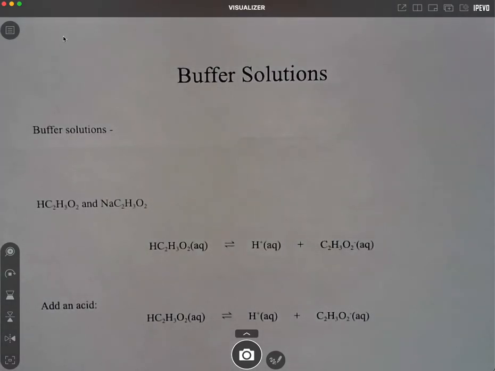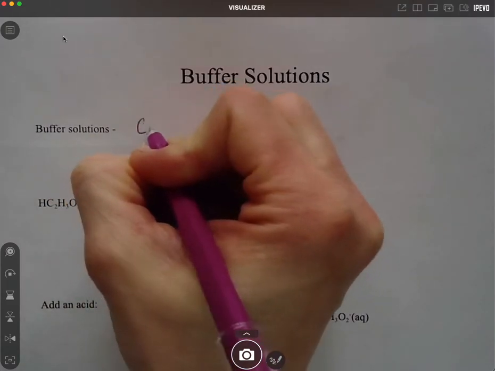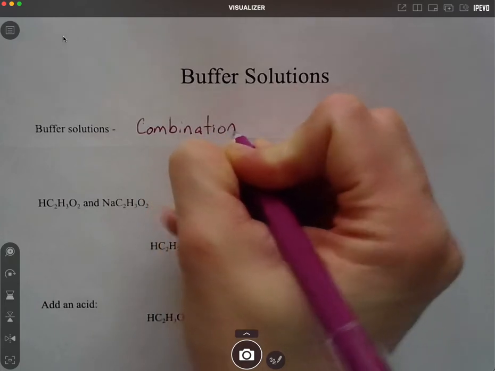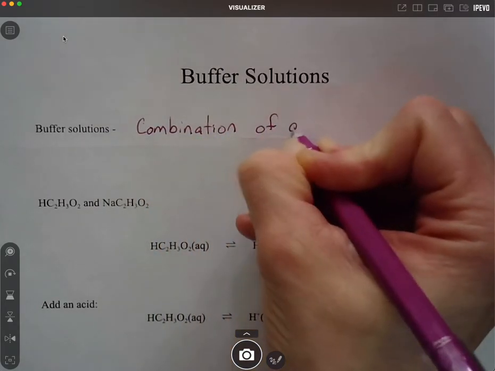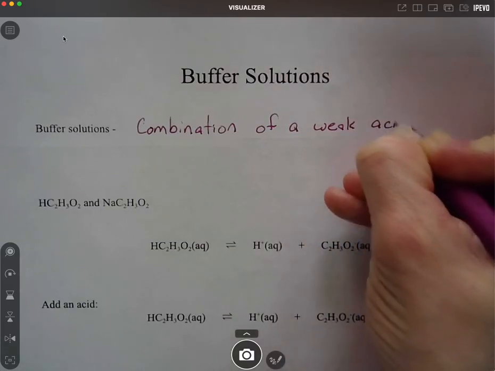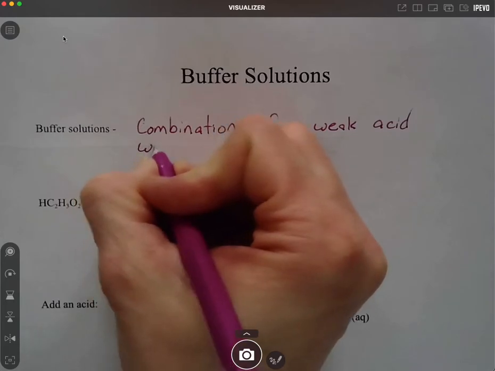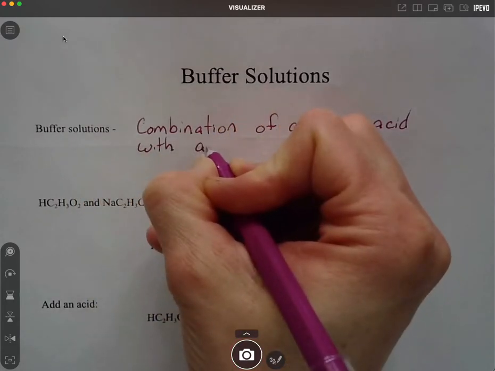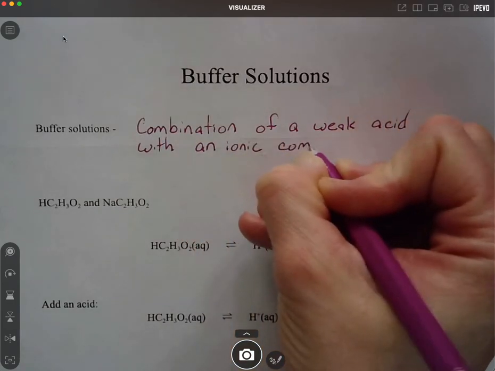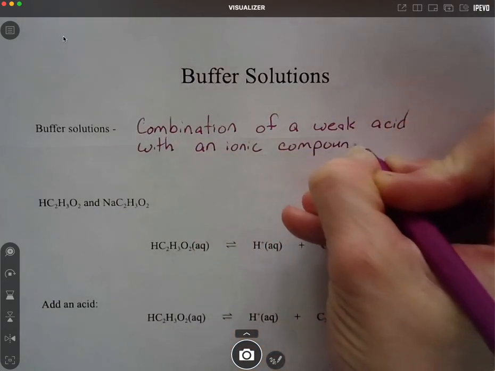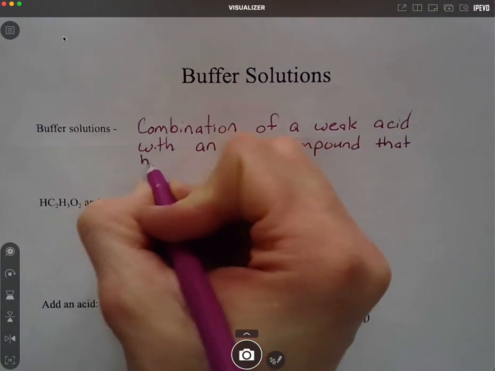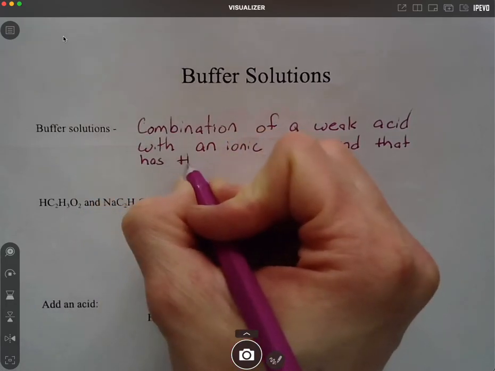So we decided that a buffer solution is a combination of a weak acid with an ionic compound that has the same negative ion.